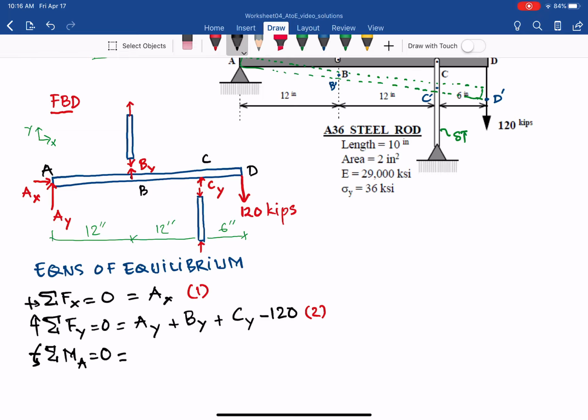So you will have By times moment arm 12, plus Cy, also counterclockwise on member ABCD about A, so Cy times 24. And then the 120 about A on member ABCD is clockwise, so negative 120 times 30. That is equation number 3.